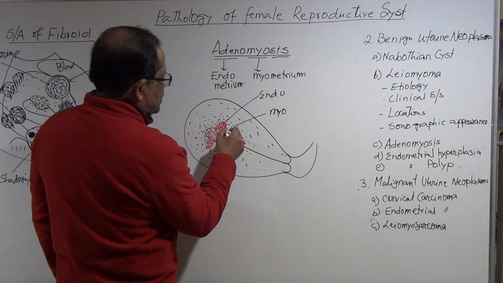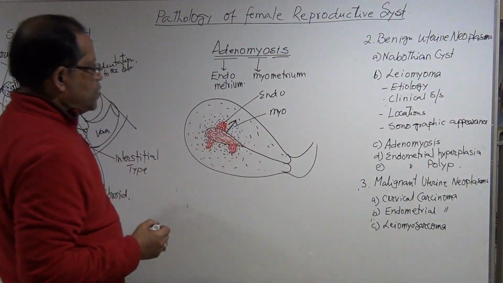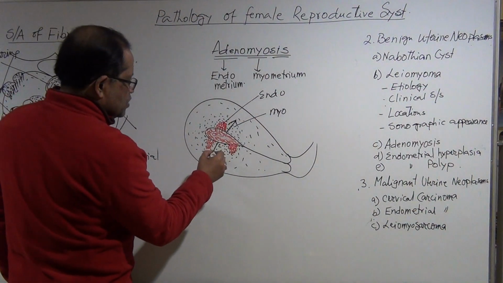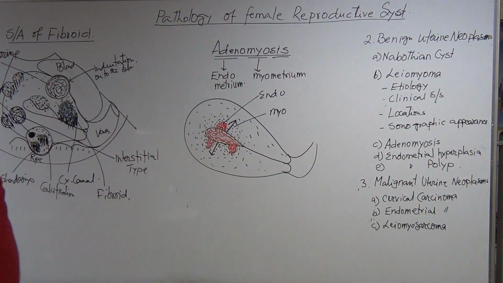Look at the growth. It is growing through the myometrium. The endometrium is growing through the myometrium.